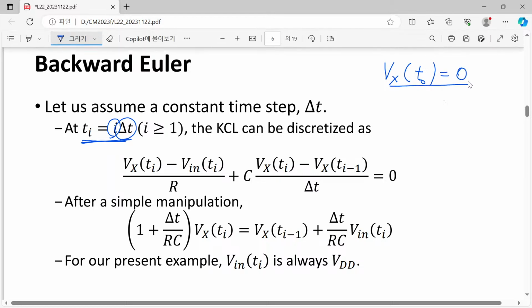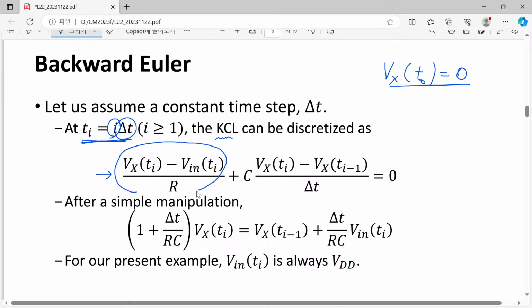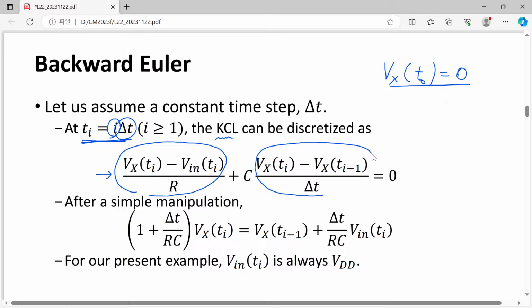So this is the initial condition, and let me just apply or discretize the KCL. In this case, this branch current, the resistor current, does not change at all because there is no time derivative. The only part affected by this time discretization is this one.